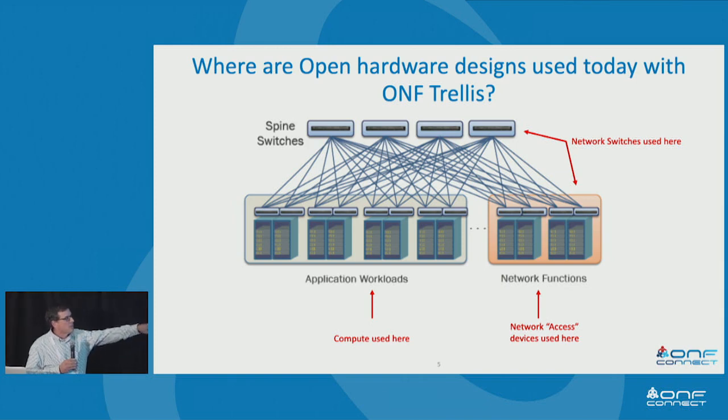Again, there are the compute nodes down below those switches, and the box on the right represents where the network access would be. That's access through maybe GPON or G.fast or Metro Ethernet access, or access for this pod to connect upstream into the internet cloud somewhere. And so those are the three areas where open hardware designs are used today in the ONF reference designs.